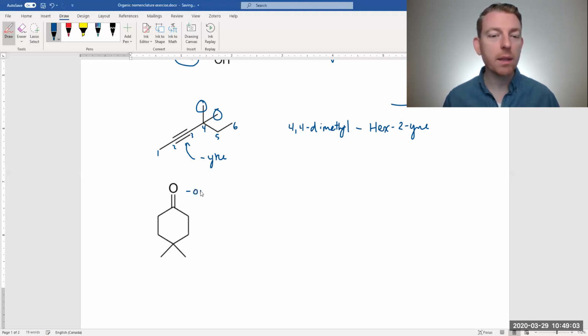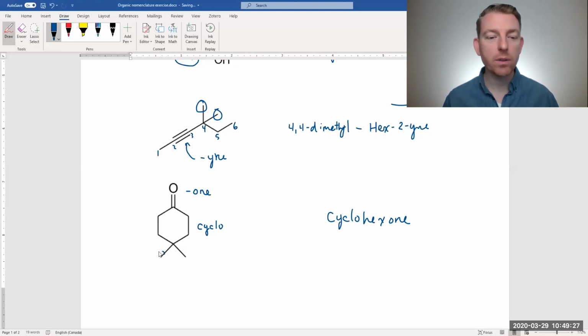So it's still going to get the suffix -one, and the cyclo is going to be in front. And it's still going to matter how many carbons are now in this cycle group. So 1, 2, 3, 4, 5, 6. So this would be a cyclohexanone.